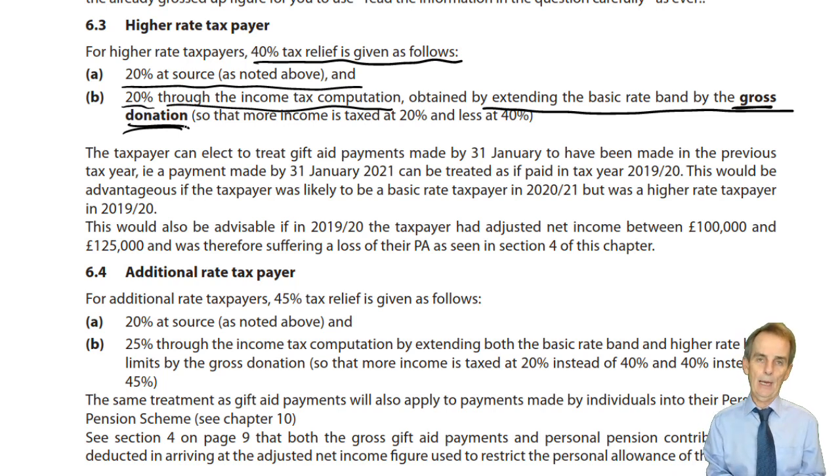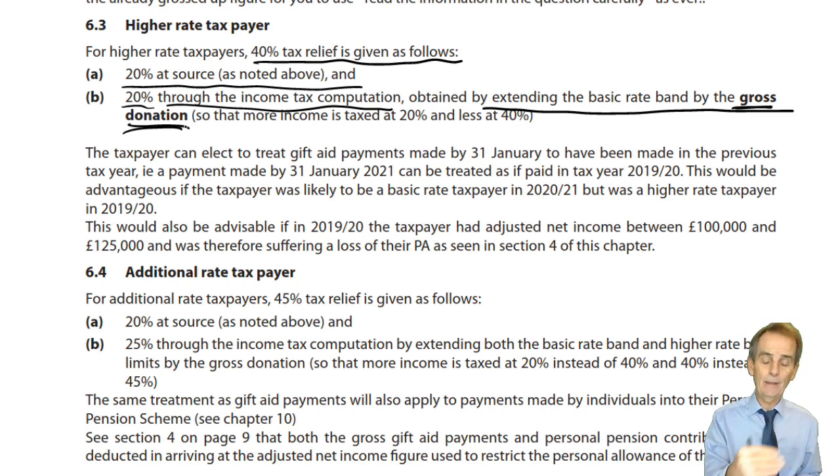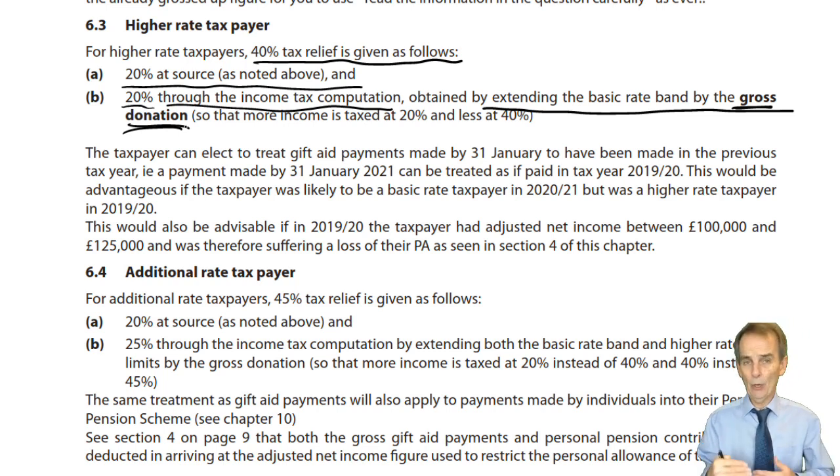If we're a higher rate taxpayer, when you come to do your tax calculation to derive your tax liability, before you start to put down any of the calculations, you revise. Firstly, and if you're a higher rate taxpayer, it will only be this particular band limit, you'll revise the basic rate band limit. You will add that gross figure.